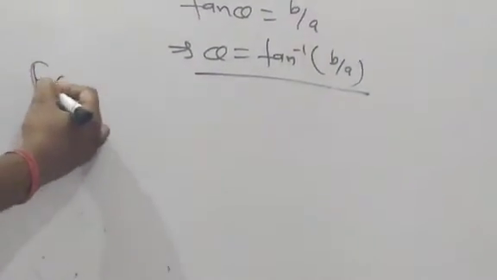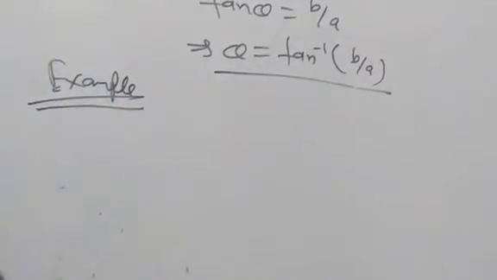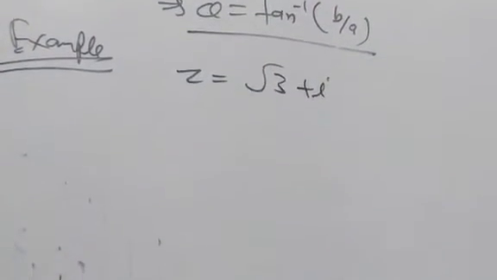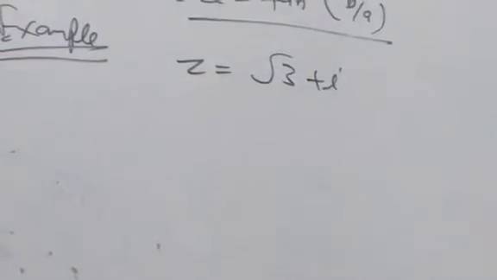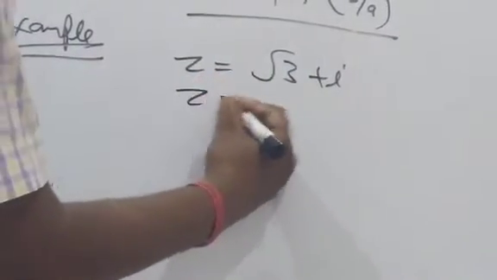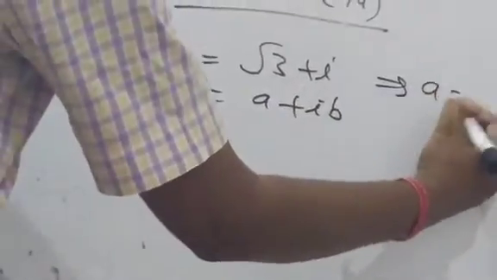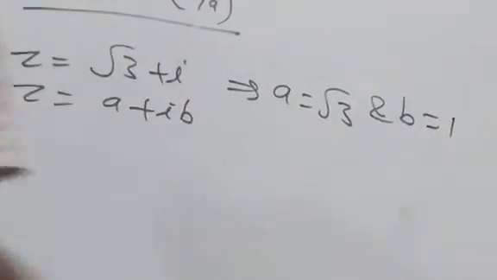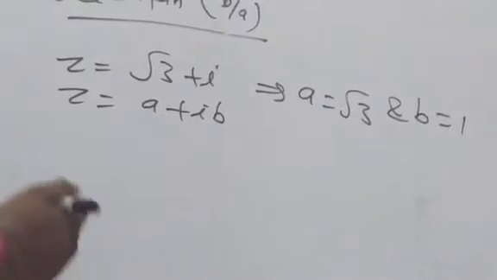Example: suppose z is equal to under root 3 plus i. Comparing with z is equal to a plus ib, a is equal to under root 3 and b is equal to 1.